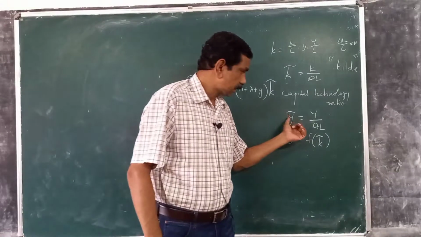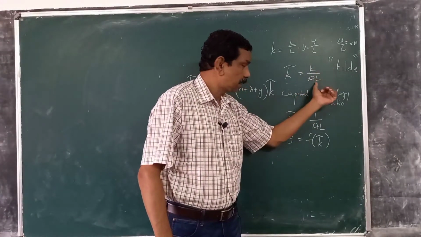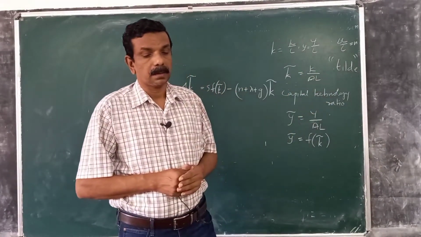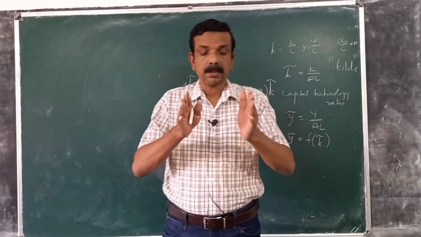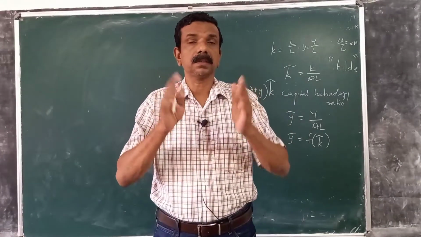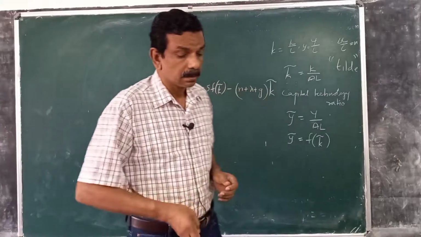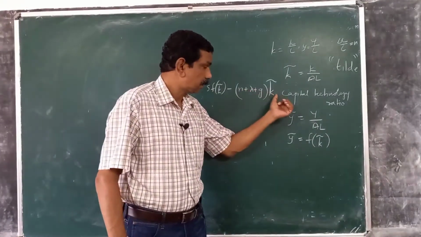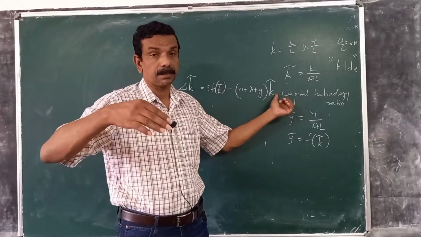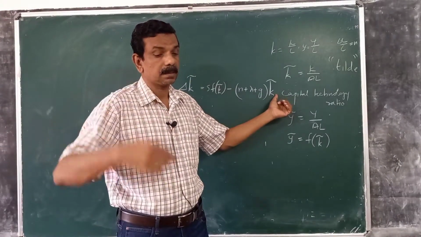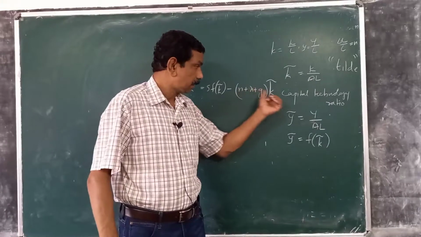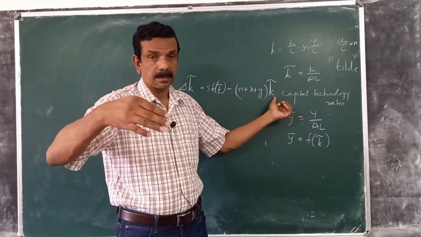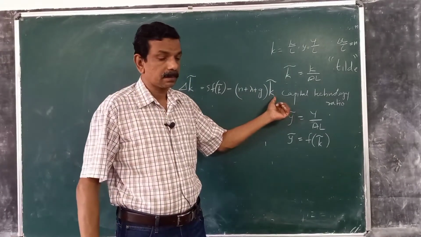Now, as K tilde is equal to K by AL, investment involves three things to keep K tilde constant. One is lambda K tilde, needed to replace depreciating capital. Second is n K tilde, needed to provide capital for new workers.